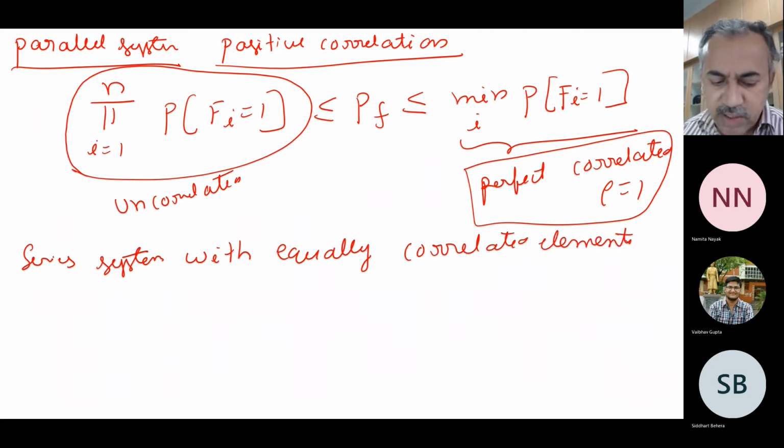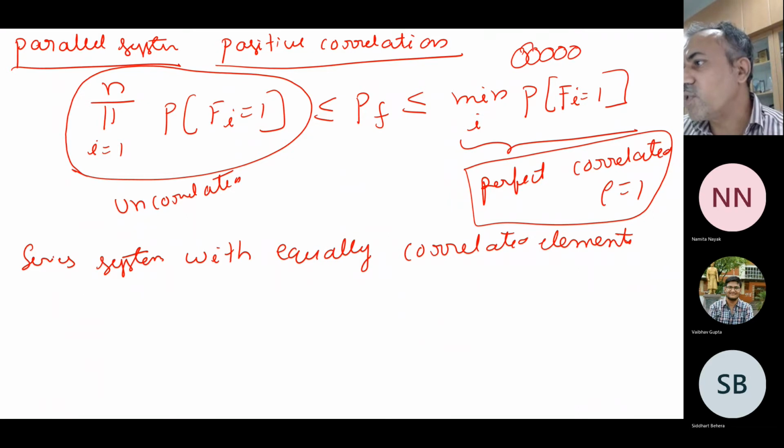That means, you followed, if you have a lot of elements, the correlation between this and this, this and this, may not be perfect, but they are equally correlated. Like this element is 0.5, this element is also 0.5, all the correlations are 0.5. Then analytically you can derive some formulas.